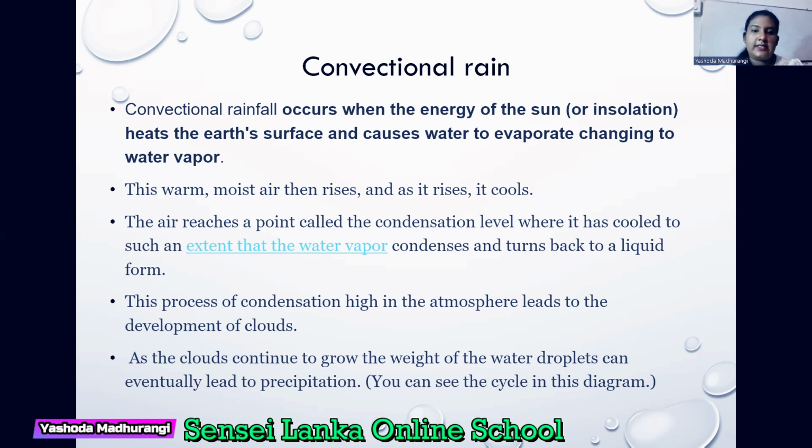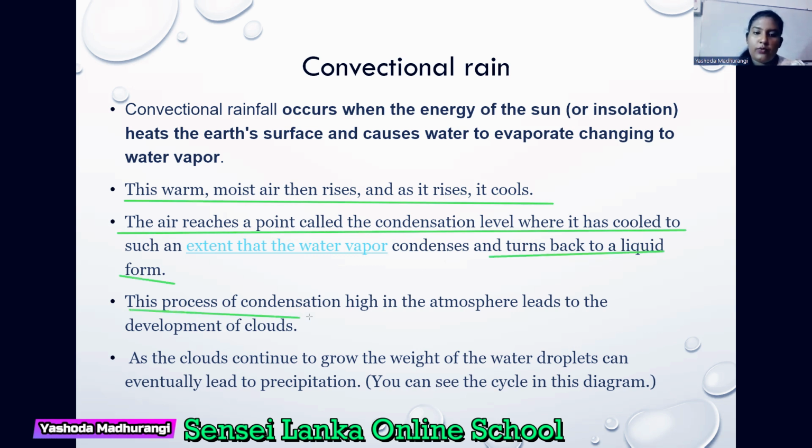Convectional rainfall occurs when the energy of the sun heats the earth's surface and causes water to evaporate, changing to water vapor. You have to listen to me carefully. This warm, moist air then rises, and as it rises, it cools. The air reaches a point called the condensation level, where it has cooled to such an extent that it then turns back to a liquid form.